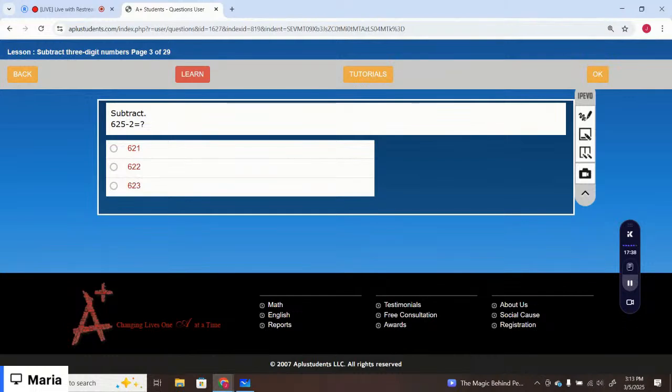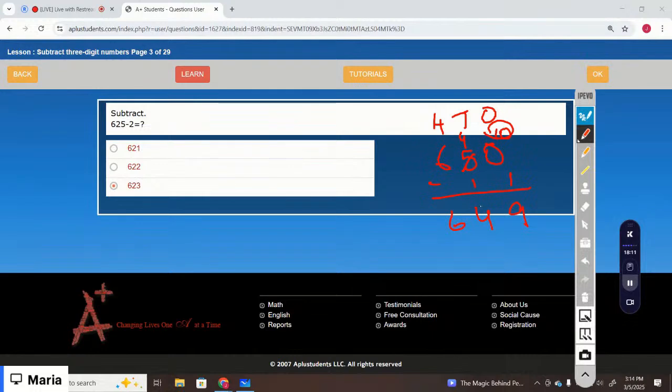625 take away 2, which is the correct option? Option number 3 is the correct option. You have to subtract 625 take away 2.